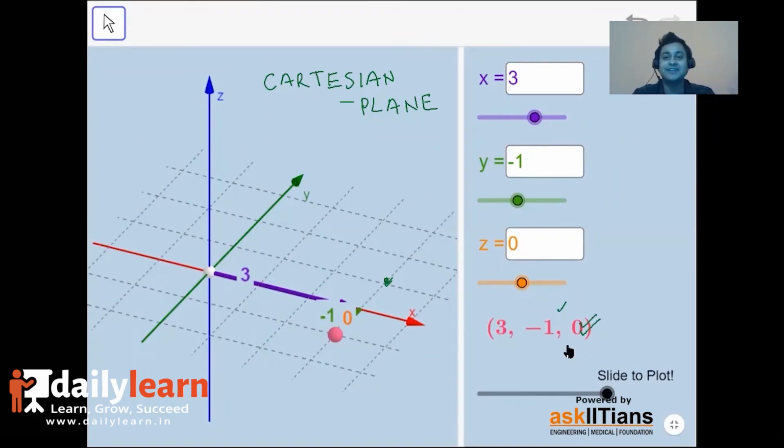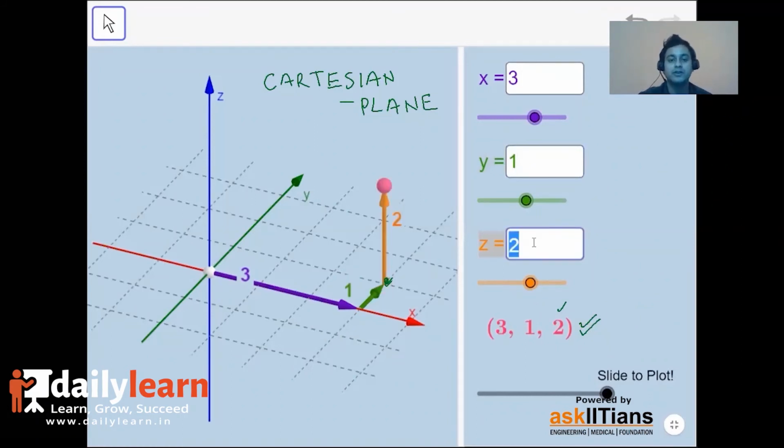Now let's introduce our z. Let's suppose y is 1 only, and let's suppose here the z coordinate comes out to be 2. Now you can see the point is in the air, because we moved 3 units to the right, 1 unit above, and then we have lifted 2 units up. As you can see in your room wall, at the edge you can see that there are 3 lines.